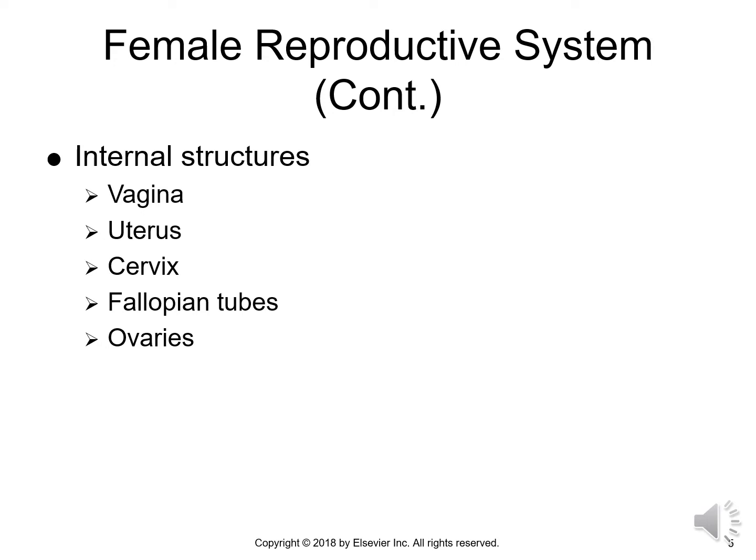The main functions of the ovaries are ovulation and hormone production. Ovulation is the release of a mature ovum from the ovary at intervals, usually monthly, and estrogen, progesterone, and androgen are the steroid hormones produced by the ovaries.